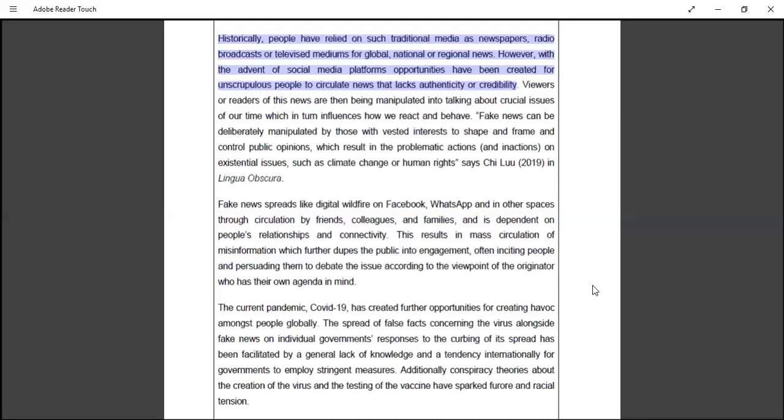Then people saw an opportunity to use that and publish their unauthentic news that lack credibility. Hence, you see here the mention of unscrupulous people. If you can follow the cursor here, yes, that's the phrase, unscrupulous people. Now, already you have the idea contained by this.